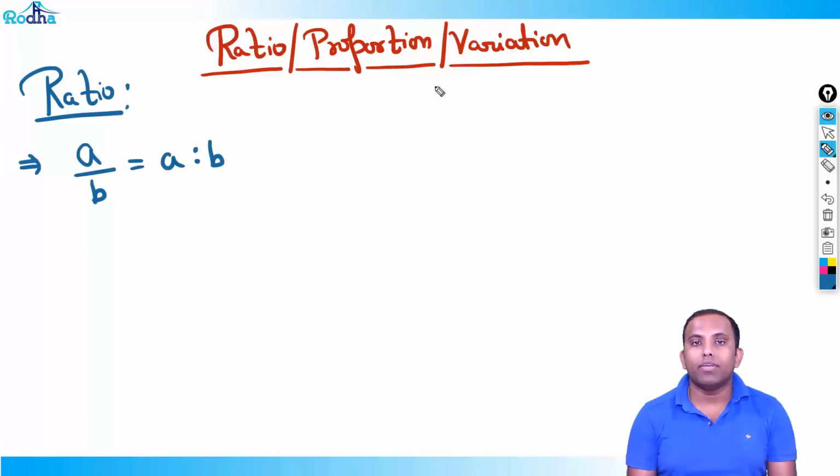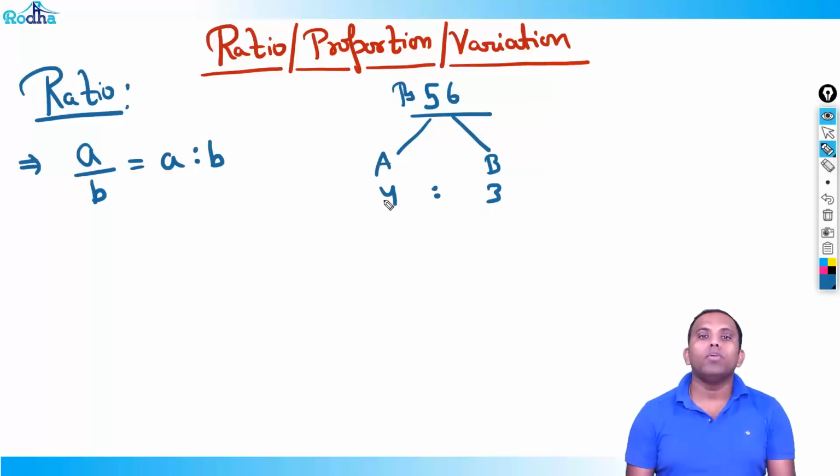So say we're dividing something. Let's say I'm dividing 56 rupees between two persons A and B in the ratio 4 is to 3. What we're actually thinking is that 56 is divided into a total of 4 plus 3, 7 parts.